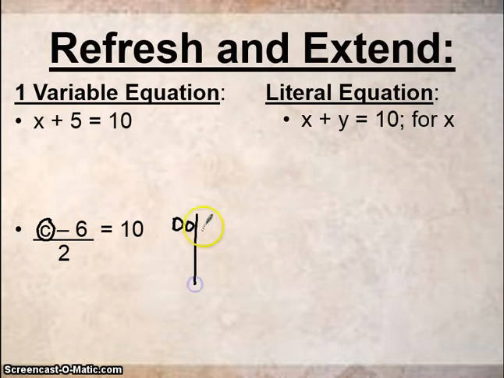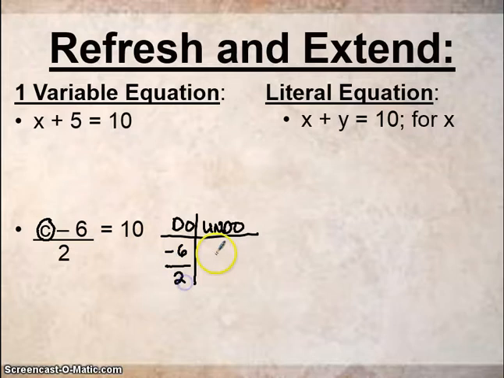We can create a do and undo chart for this equation, and it would say that we would need to subtract 6 first, since c minus 6 was grouped by this fraction bar, and then divide by 2. To undo that, we'll have to multiply each side by 2, and then add 6 to each side.